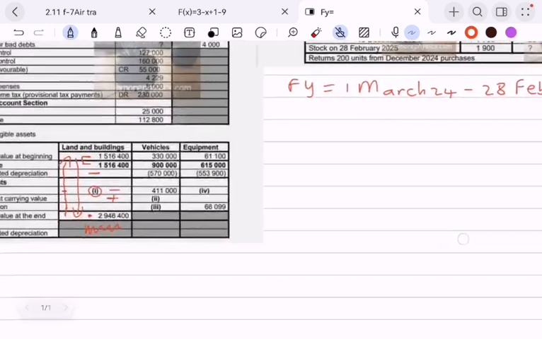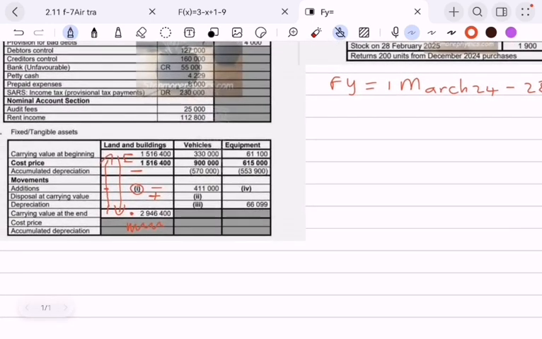So right, for Roman figure 2, they're looking for the disposal at carrying value. They're looking for the disposal at carrying value. So pay attention. It's not now a disposal cost. It is now a disposal of a carrying value. That's what we are specifically looking for.